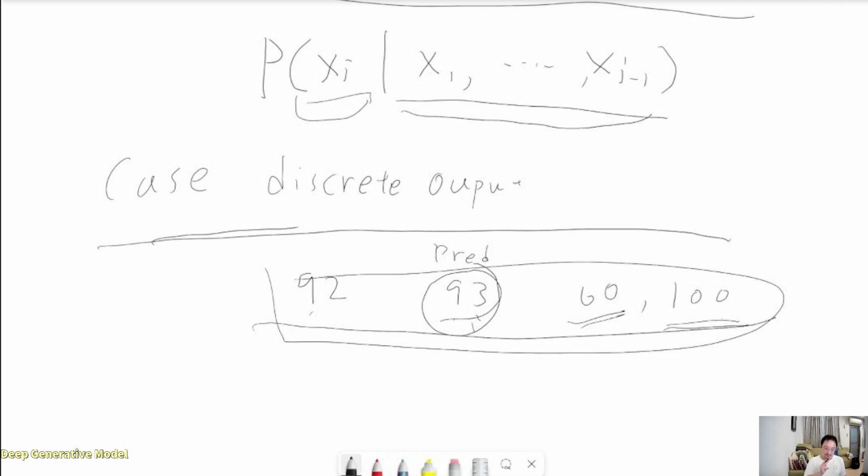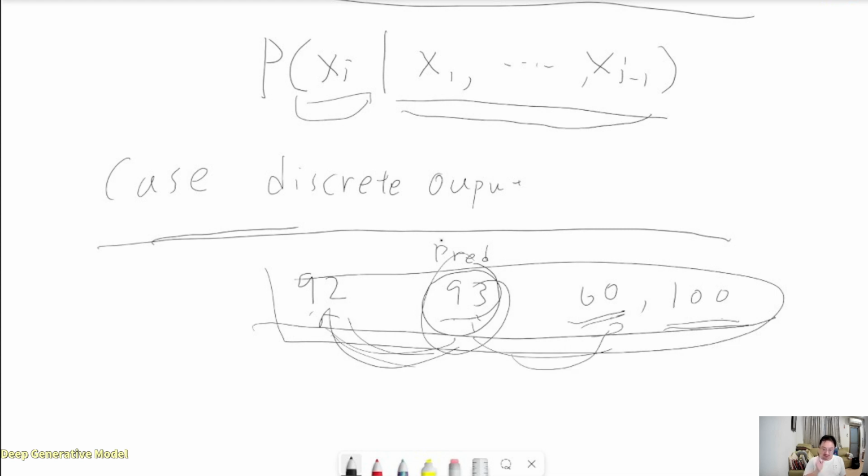The crucial difference is whether this output has a structure or not. The structure is often a topology. Topology means we can have a distance between these values, so we can say this one is closer to 92 than 60.